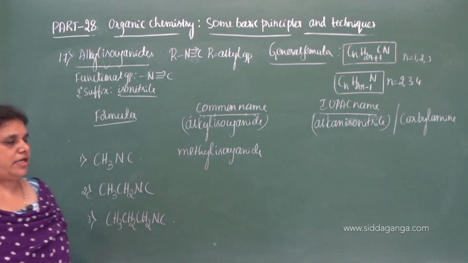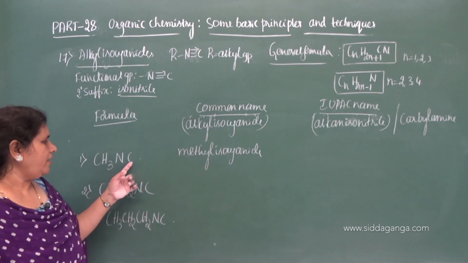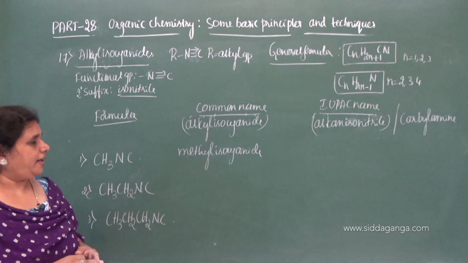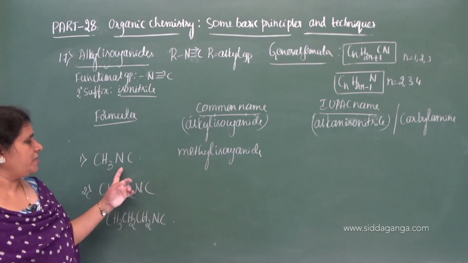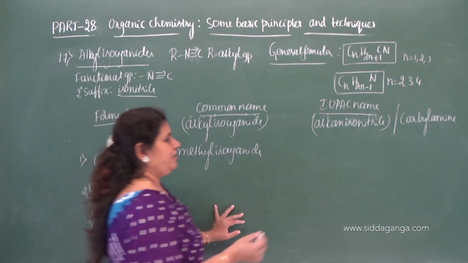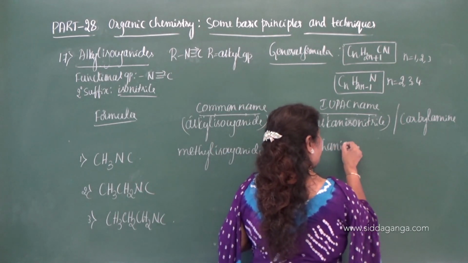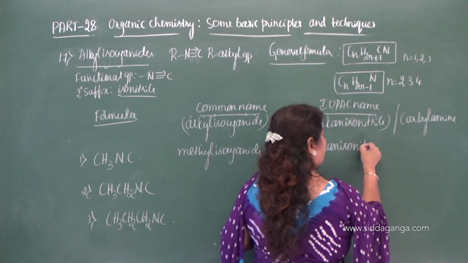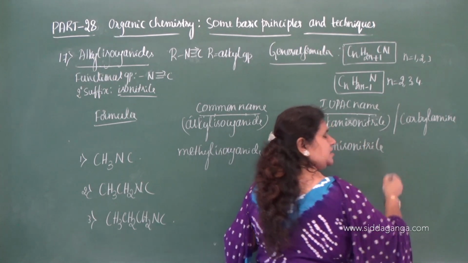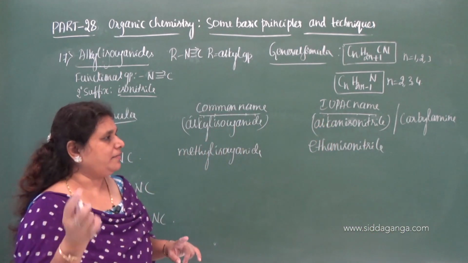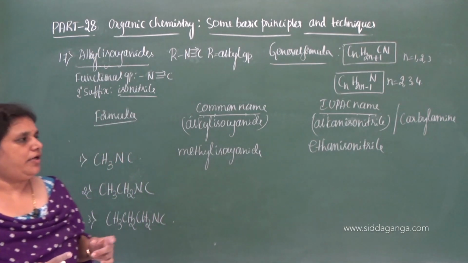Methyl isocyanide. Ethane, including the carbon atom of the functional group. Therefore, ethane isonitrile. You write isonitrile instead of nitrile, and if the terminal e is dropped you'll get the name.